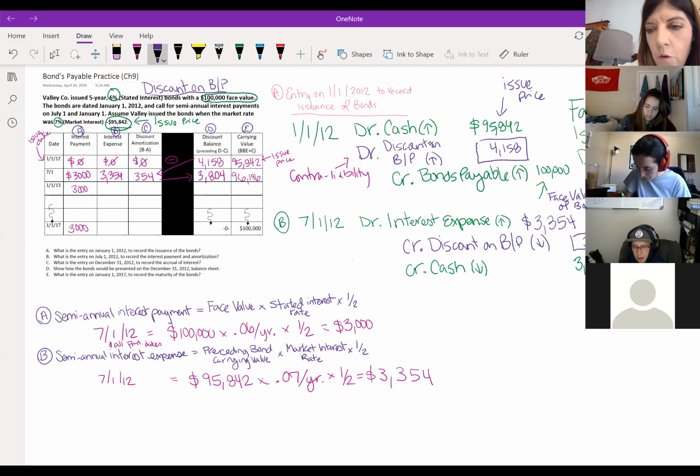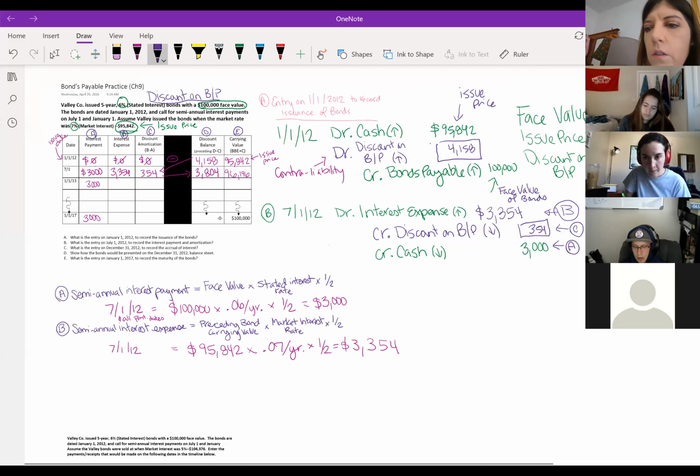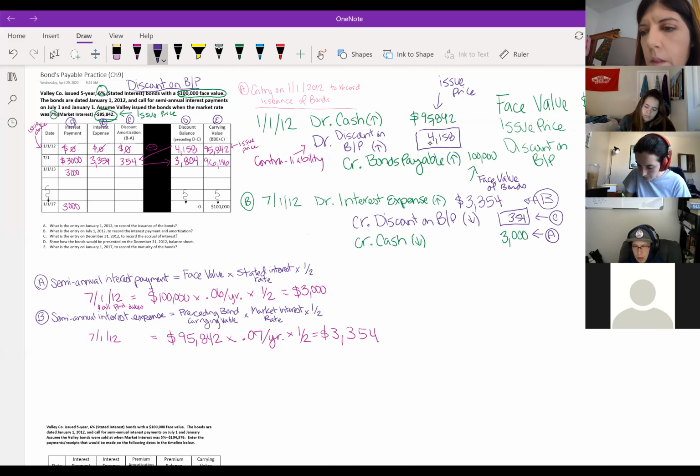So 354. Remember that we have that discount account. We start with a balance of 4,158, and slowly we're going to be reducing this account balance.